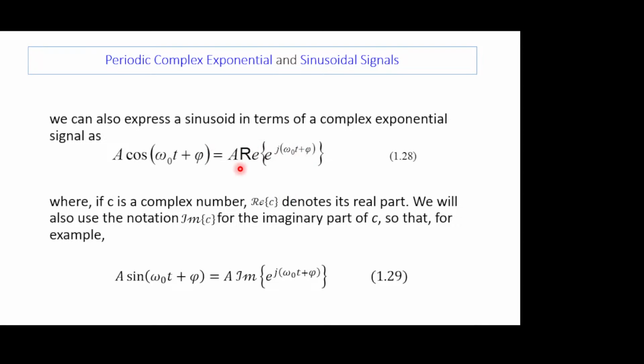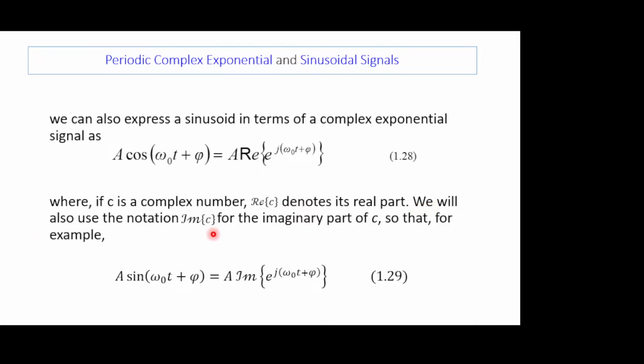And we use this notation, Re with curly brackets, as taking the real part. Sometimes the font is not very consistent, but this Re curly bracket thing means the real part.